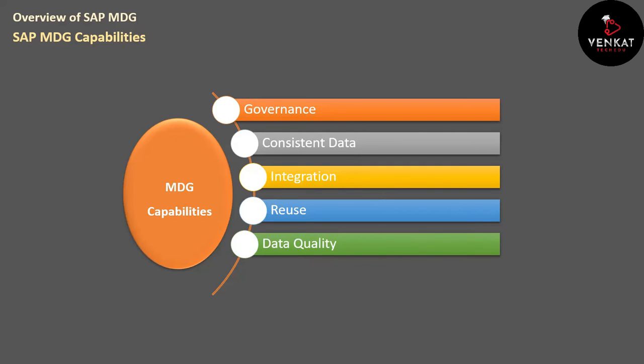And of course, we get data quality out of it, and flexibility. So the MDG components and solutions delivered by SAP are more flexible to adapt as per the customer requirements. These are a few of the major capabilities of SAP MDG implementation.